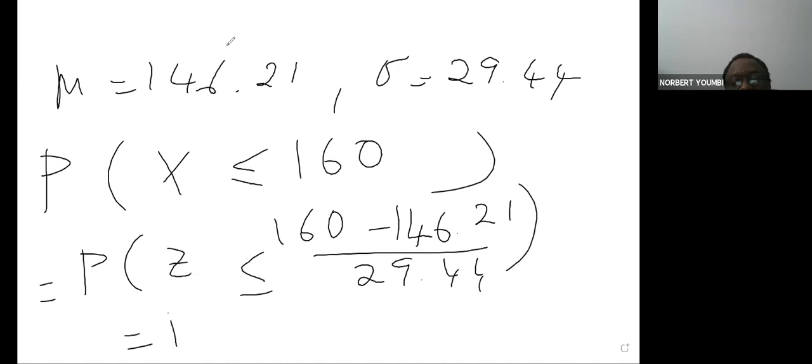So this is equal to the probability that Z is less than or equal to 0.47.